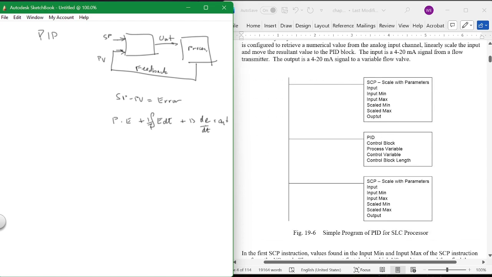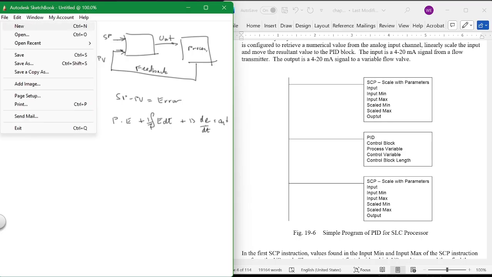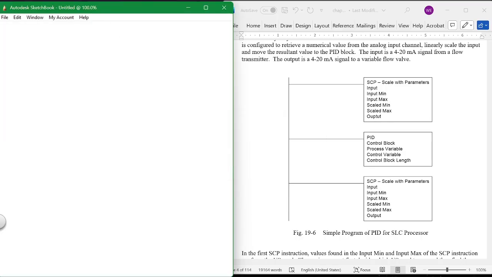Now, this is the world's simplest PID control block. And this is one that I did use at one time. So this is a PLC PID. Now, what is coming in here? This is a variable that's coming in from the outside world, and you scale it, and then you run this PID block right here, and then you output the output.